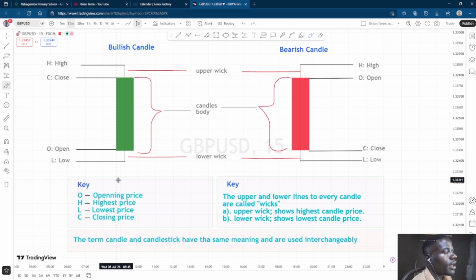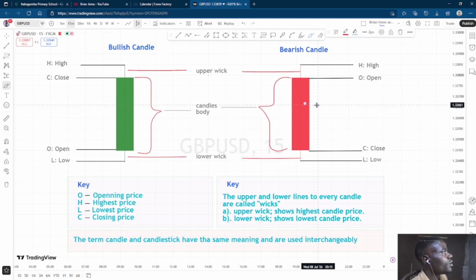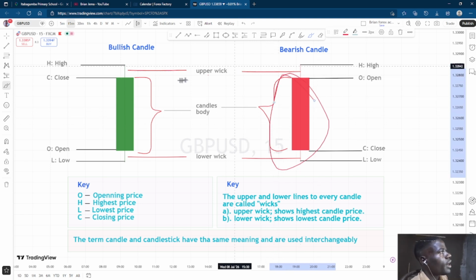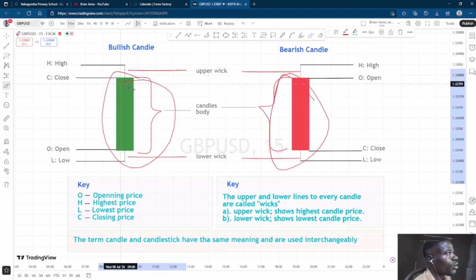The lines either to the bottom or to the top of every candle are what we call wicks, and the entire section is what we call the candle's body. As you can see, the body of the bearish candle is red, whereas the body of the bullish candle is green.